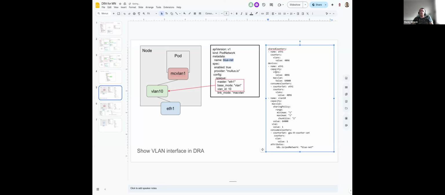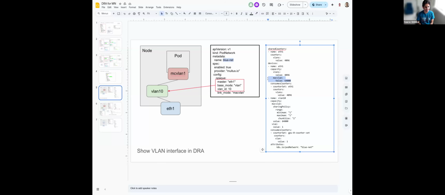So now ETH1 has two capacities, this and that. And whenever I take up this MAC-VLAN interface from here, I have to take one of this one as well. And this is how I put the lock on. I'm not sure whether that's even possible. That's kind of strange because I'm taking a value out of a completely different device, right? Probably not possible.